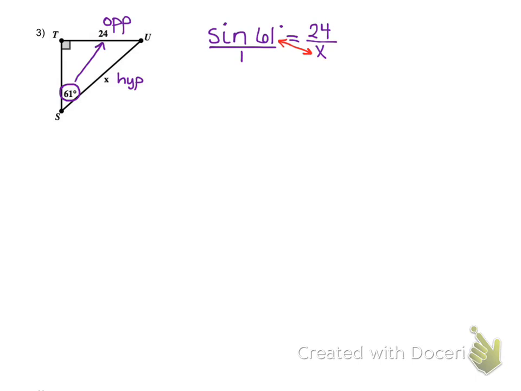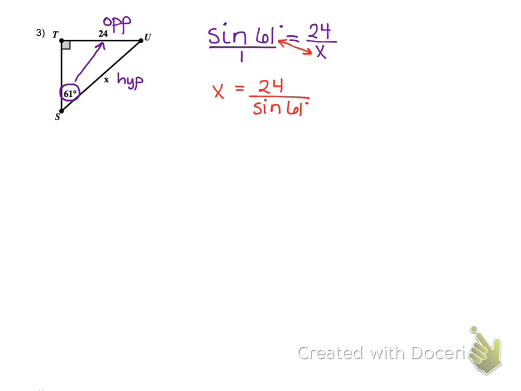So automatically, if I switch those two numbers, I'm going to get x equals 24 divided by sine of 61 degrees. Now, this would have worked the same way if you wanted to solve it the same way as number 2. This is a little shortcut that you can use, knowing the properties of proportions. Now, I want to note, though, that this only works when the x is in the denominator.